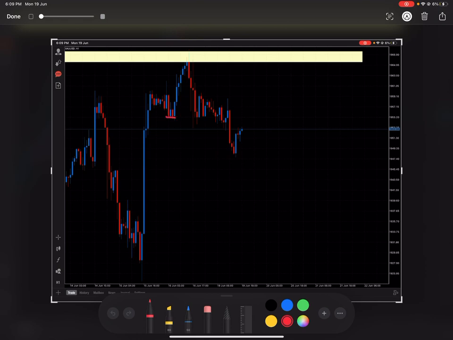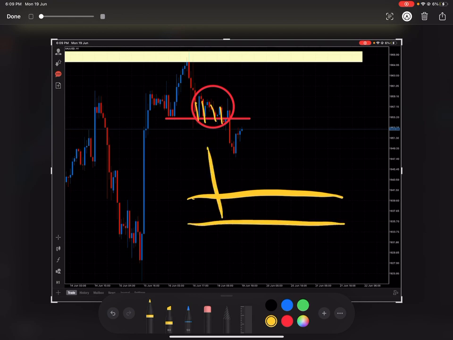Why? The first is this support. You need to know the sideway here has already touched 1, 2, 3, 4. I already told you, if you have a zone, the first test you can try to take risk. For example, this is a support zone. For the first touch you can try to buy. Once it pulls back for the second touch, you can take a buy.